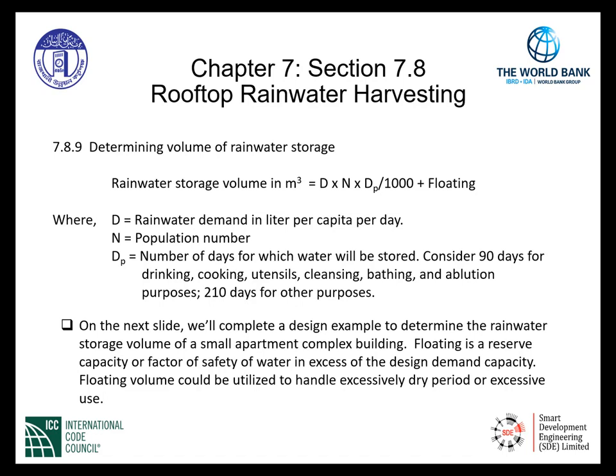D equals rainwater demand in liters per capita per day, N is the population number, and D sub P is the number of days for which water will be stored. Consider 90 days for drinking, cooking, utensils, cleansing, bathing, and ablution purposes, and 210 days for other purposes.